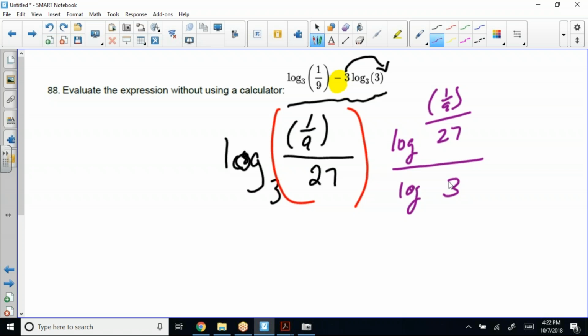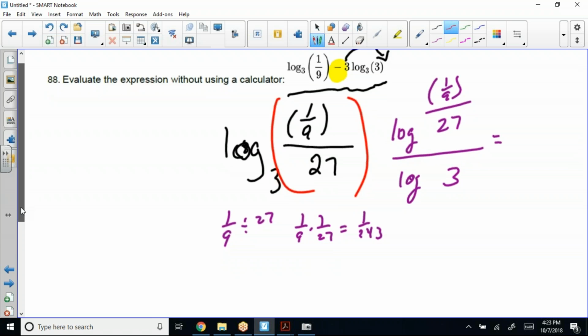But let me see something real quick. If I make that a log, 1/9 divided by 27 would actually be 1/9 times 1 over 27. We'll see if my thinking is right. That's 1 over 243.